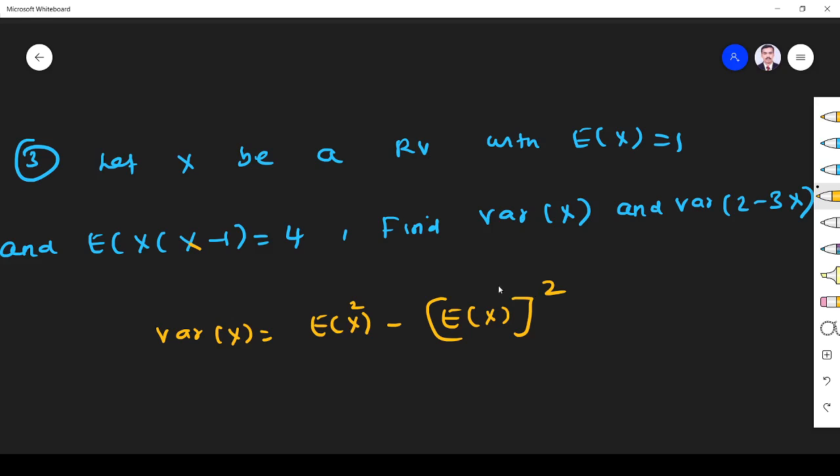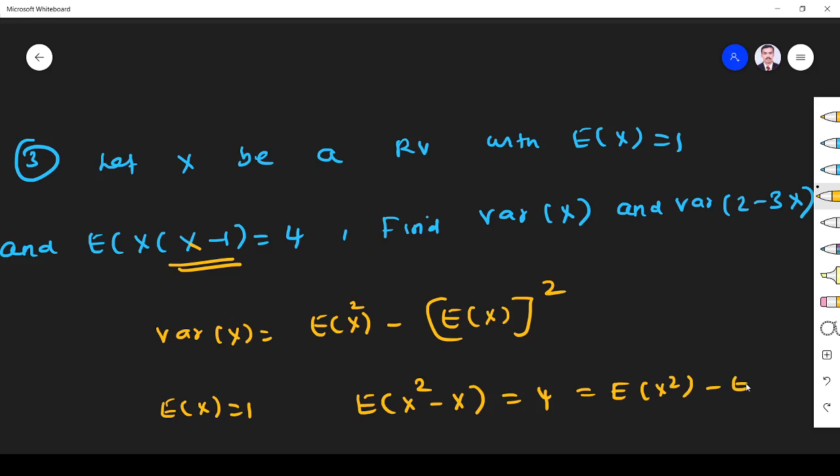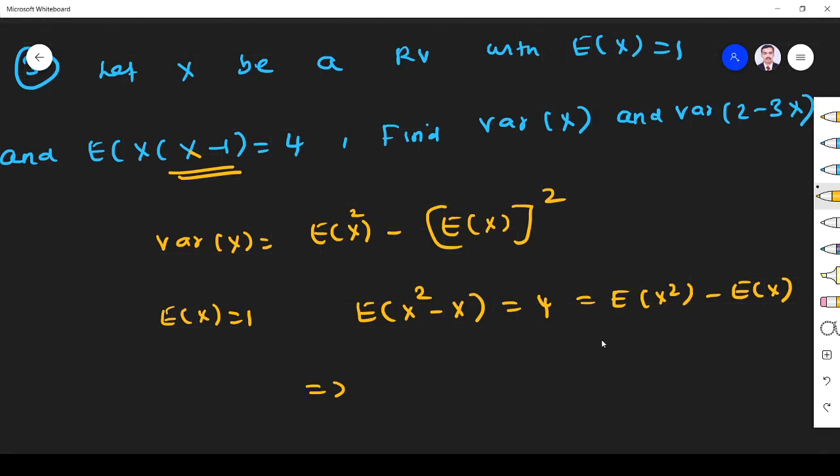What they have given is E of x equal to 1, and E of x into x minus 1, that is written as E of x squared minus x, is equal to 4, that is E of x squared minus E of x, right? So from there E of x squared is equal to 4 plus E of x. So E of x is 1, so E of x squared is 5.